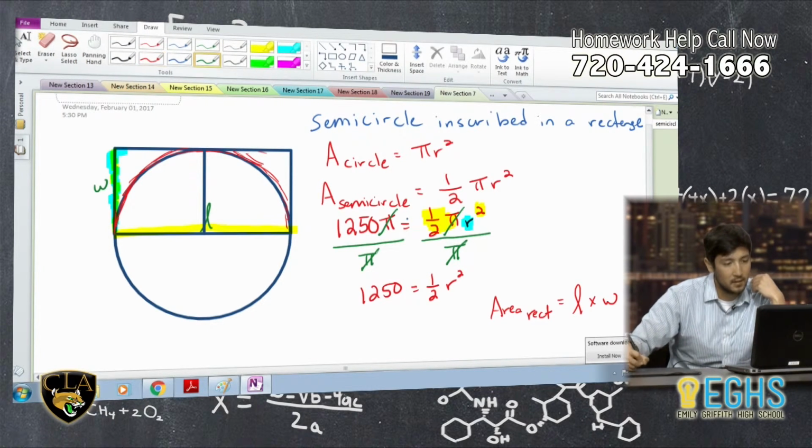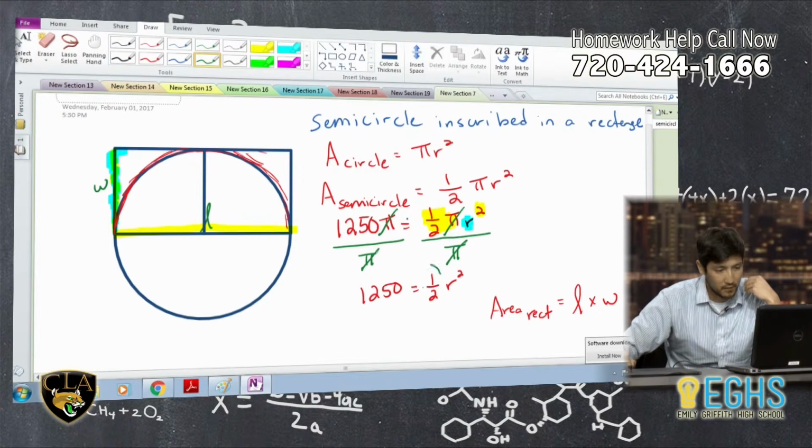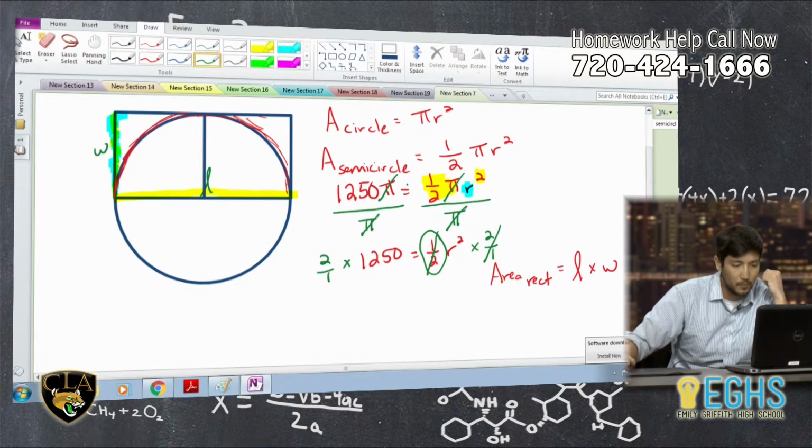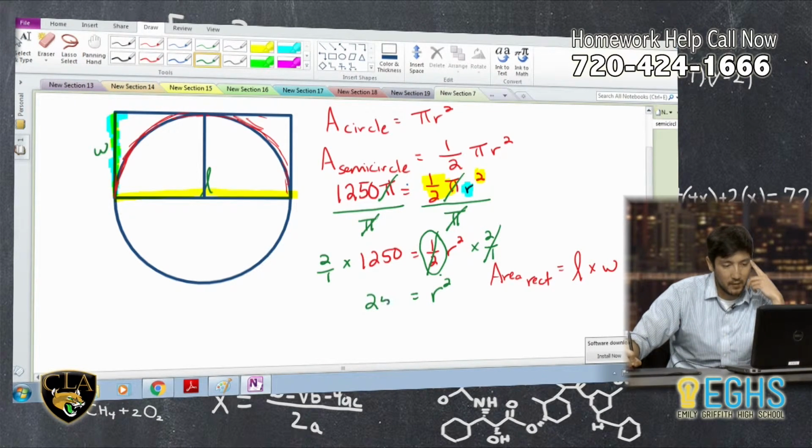And then to get rid of this 1/2, we're going to multiply by its reciprocal on both sides. You should remember when you have fractions, when we multiply something by its reciprocal, it becomes 1, and effectively it cancels it out. And then we're left with r squared equals 2 times 1250, which is 2500.